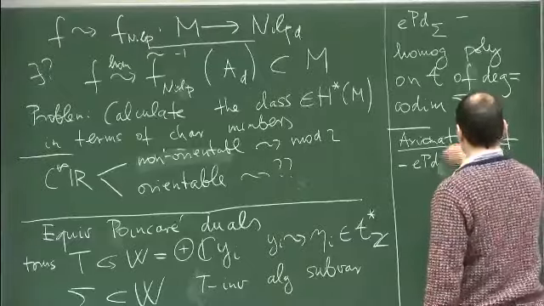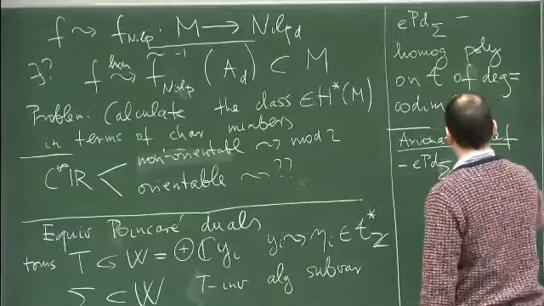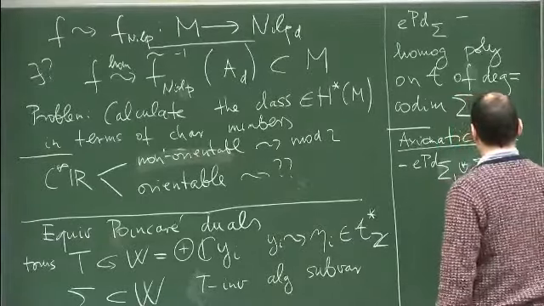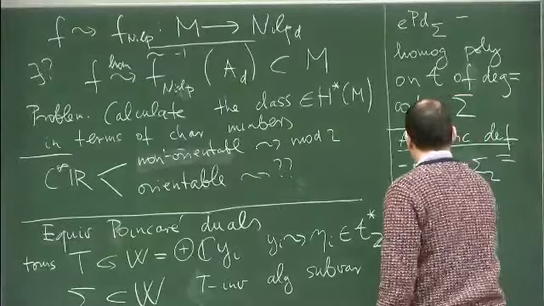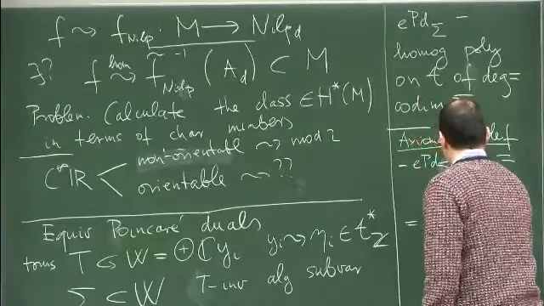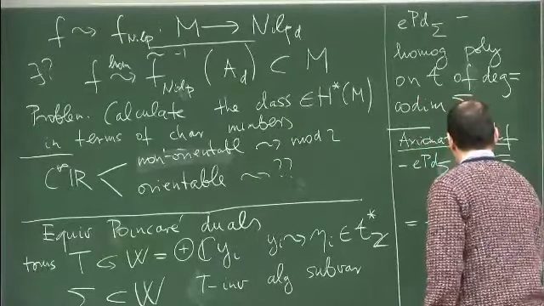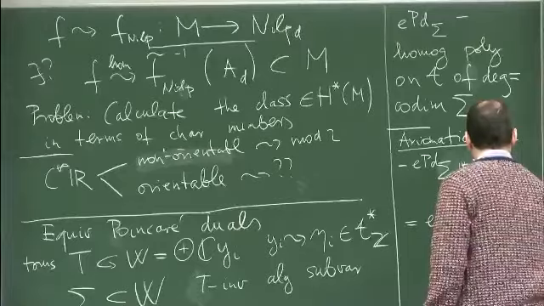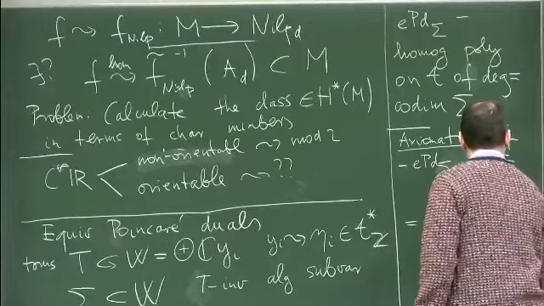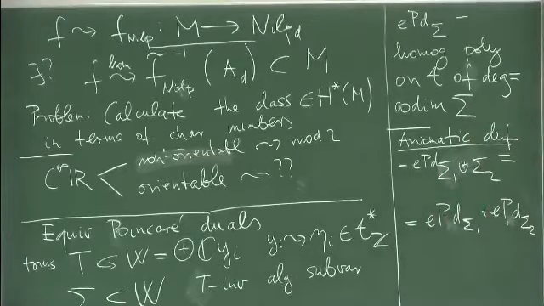So sorry, maybe before, the other way. Sigma 1 union sigma 2. So this is additive. Is that a disjoint union? Yeah, sorry.